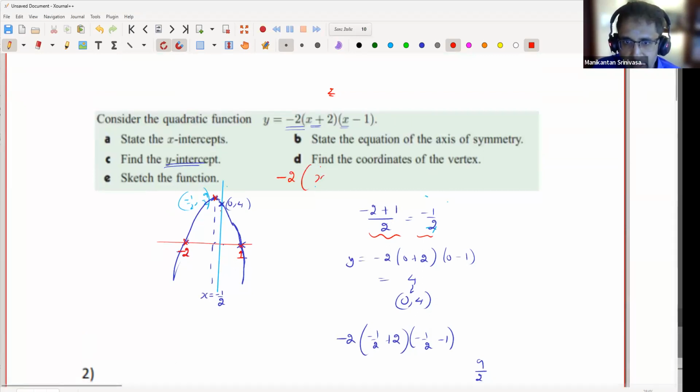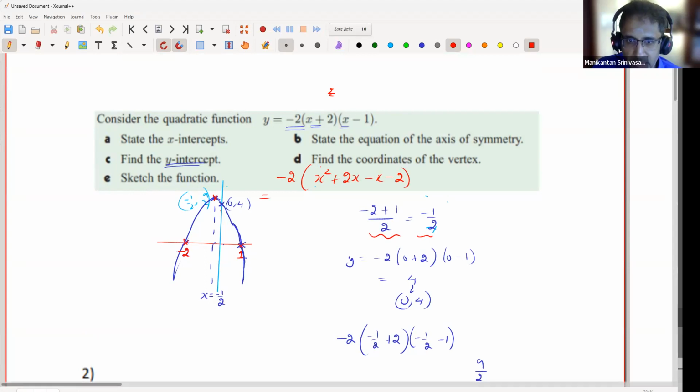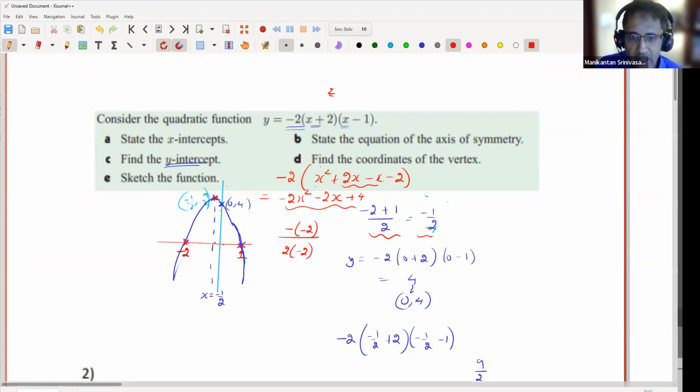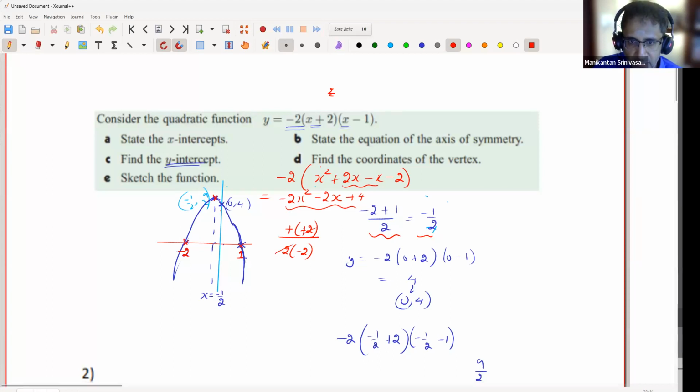Minus 2 times x square plus 2x minus x minus 2. So this would be minus 2x square. And this is plus 1x, right? When you multiply, it becomes minus 2x plus 4. So if you do the minus b by 2a here, it will still give you the same minus half that we got earlier.